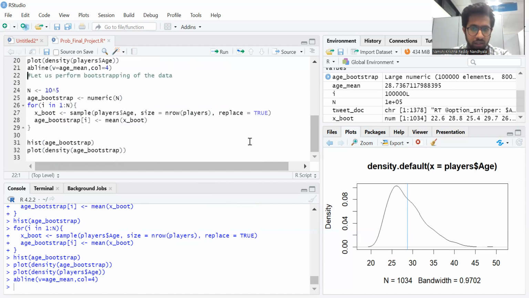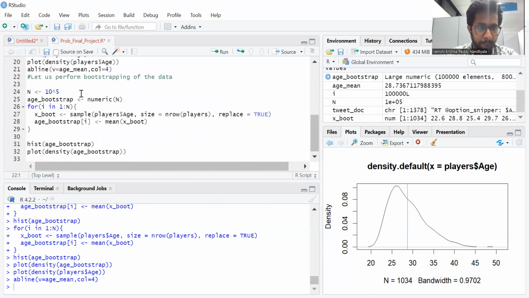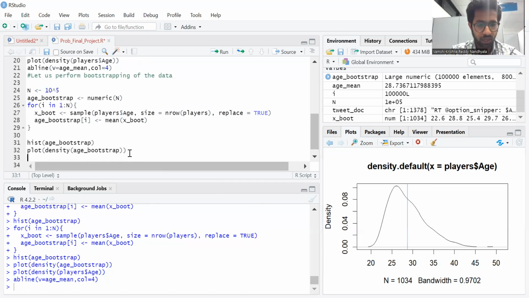But in the bootstrapping model, if you add the abline with v equal to the same age_mean, let me run this first of all.